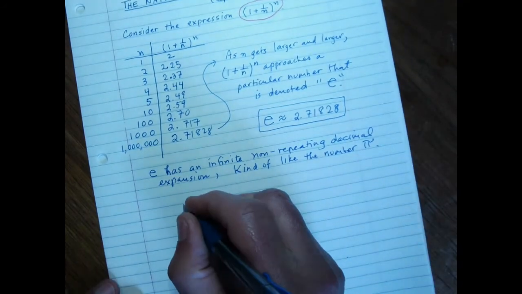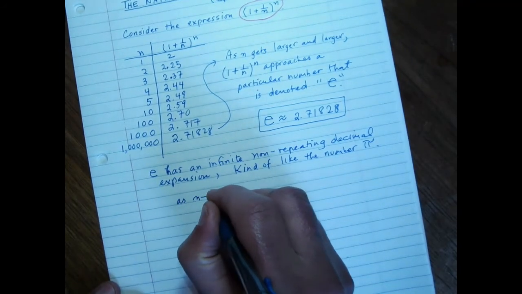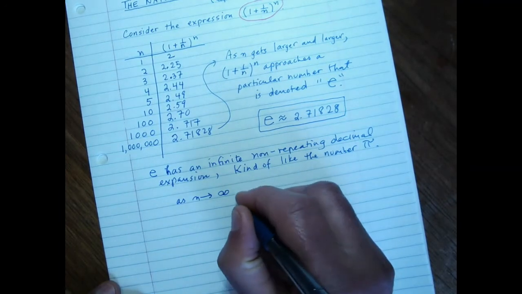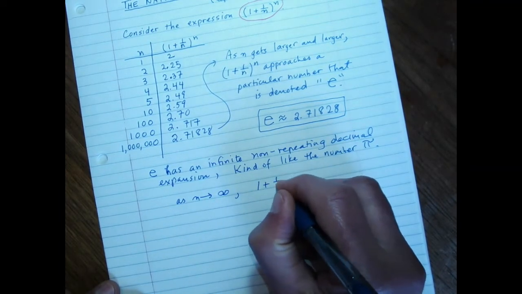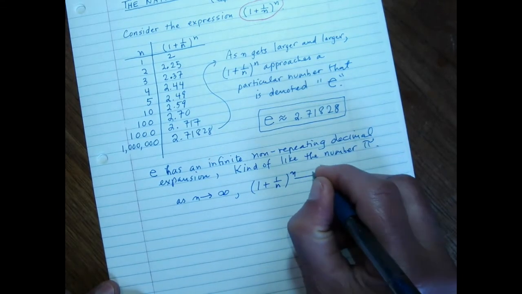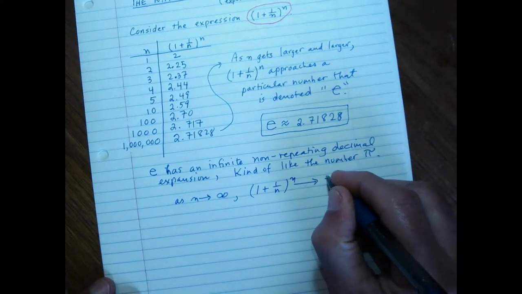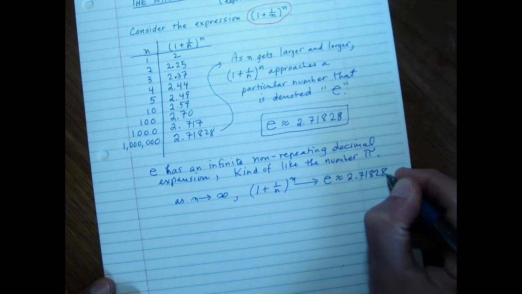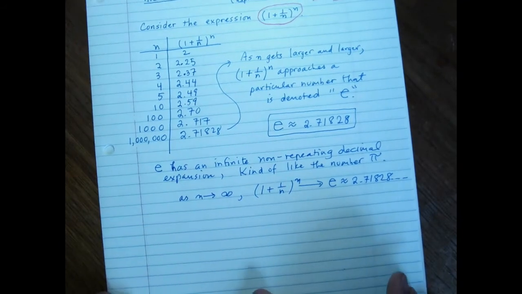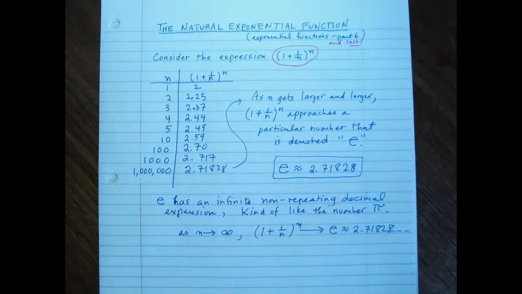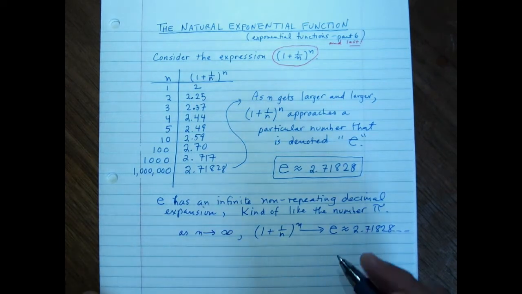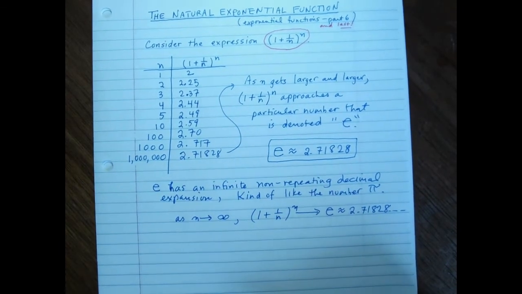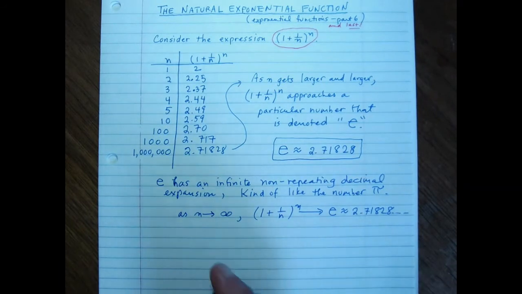And so what we've seen is, as n approaches infinity, 1 plus 1 over n to the n doesn't get larger and larger. It approaches e, this number that's about 2.71828, and whose decimal goes on and on forever. So in math, we really like this number e, and it turns out to be very important in calculus, and we can't see why yet, but when you take calculus, you'll find out why.